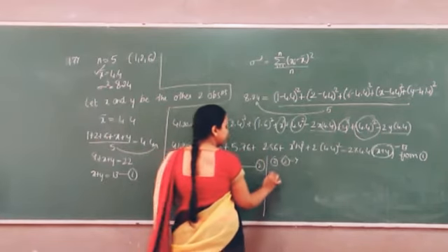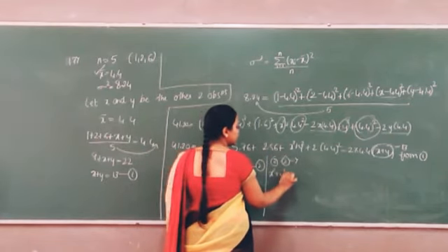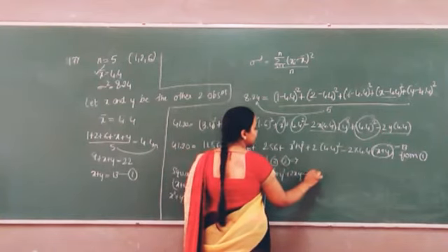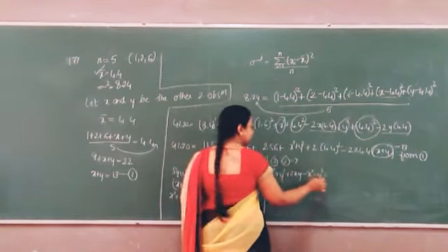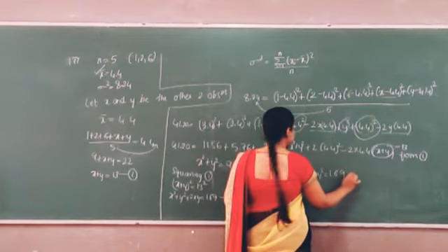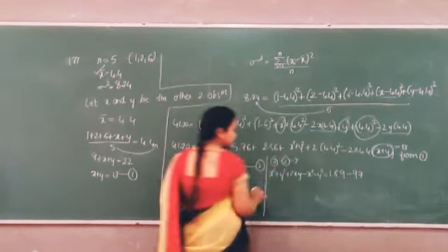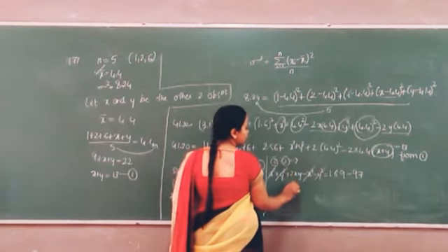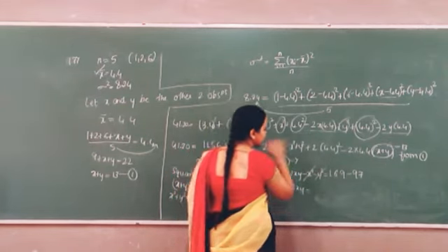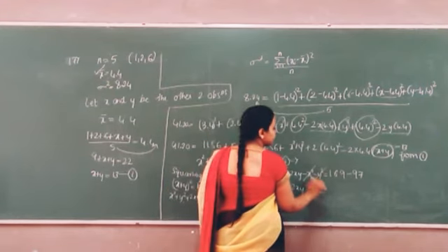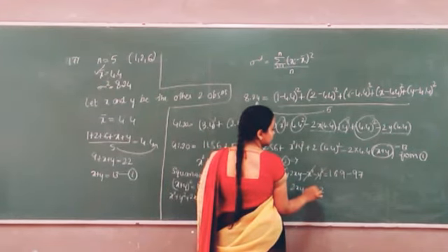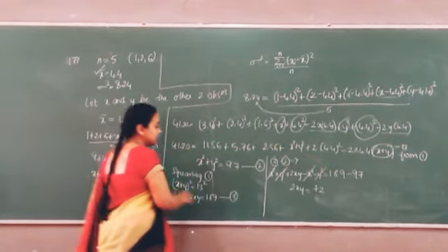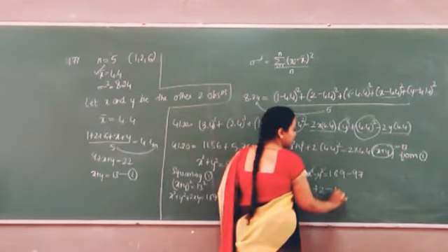So what it will be? x square plus y square plus 2xy, and here minus x square minus y square is equal to 169 minus 97. x square minus x square, y square minus y square cancel. 2xy is equal to 72. Okay, so now you can name this as equation number 4.